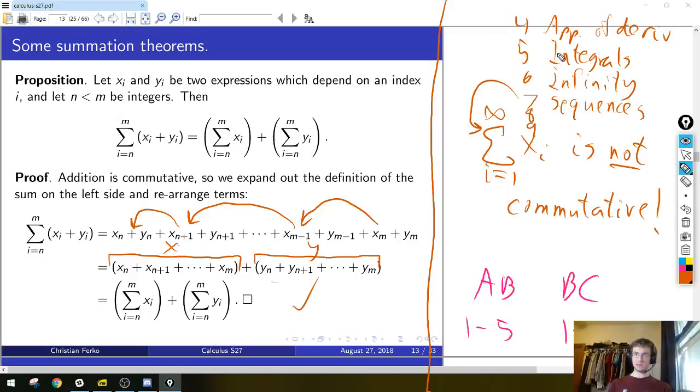If we get to the end of chapter 5 on integrals and you say, all right, I've had enough of this, I want to stop doing this, then we can stop there. But if you want to continue and finish the book, then when we get to 7, we will prove this statement, that adding up infinitely many things does not commute. I'd want to get up to 7 just to see how this is true. Yeah, it's very mysterious. This is kind of a mind-blown moment for me when I saw that.